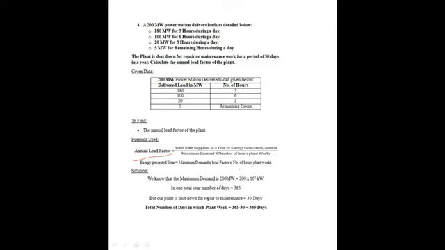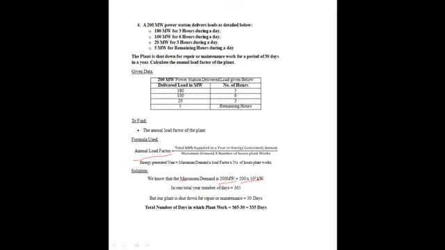Okay, so we know the maximum demand is 200 megawatt. In kilowatt it is 200 into 10 to the power 3 kilowatt.